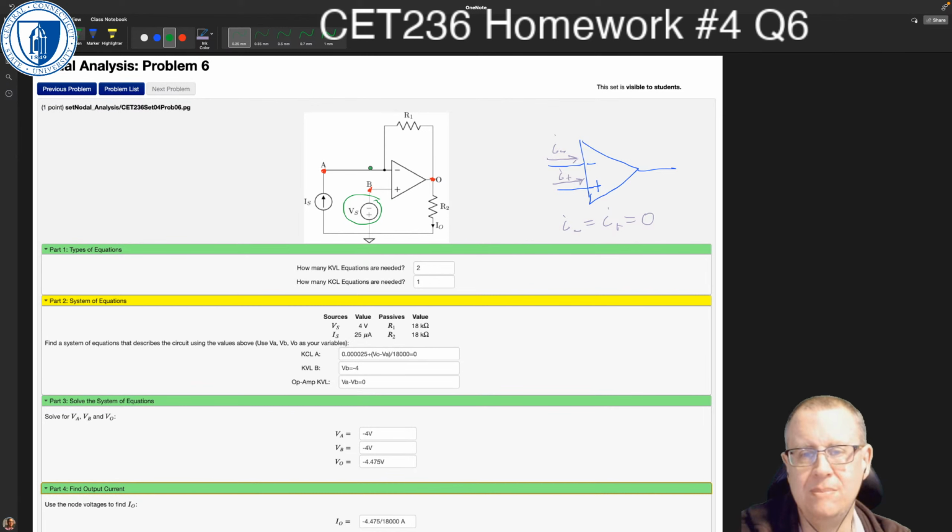And then I think the equation at node A is going to be a KCL equation.